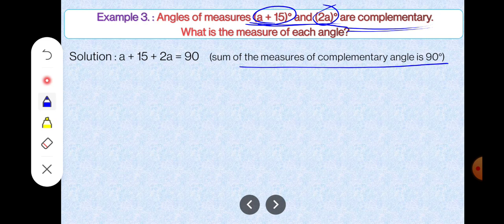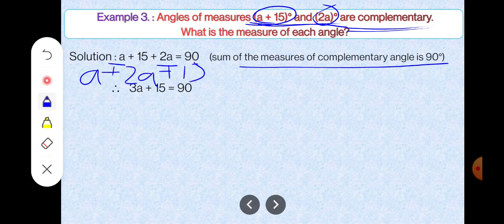Now what we will do over here is take all the variables together and all the numbers together. So my next step will be a and 2a together and 15 as it is, equals 90. Before that, I will show you how to write it: a plus 2a plus 15 is equal to 90.